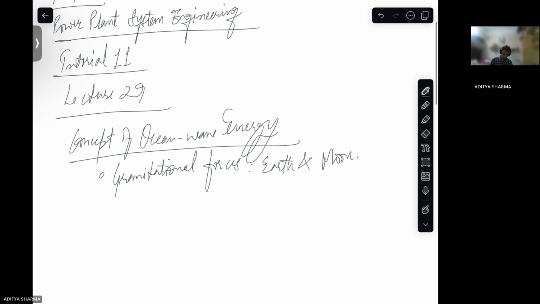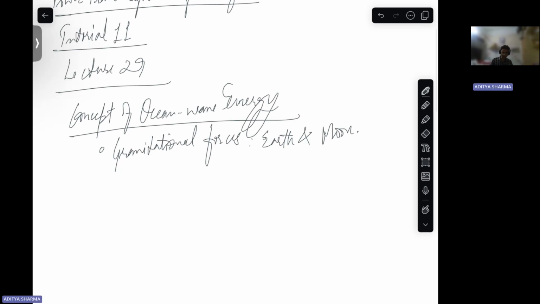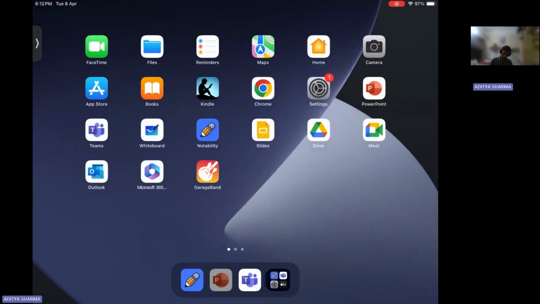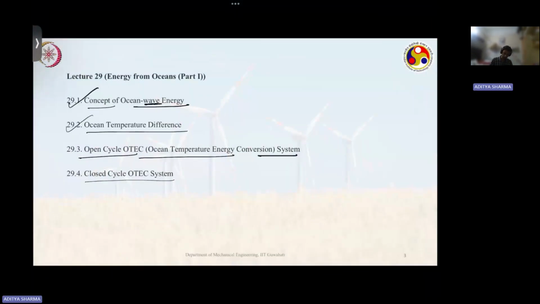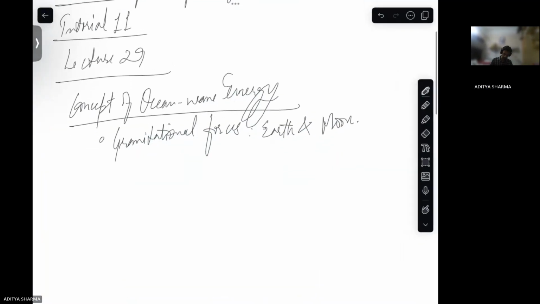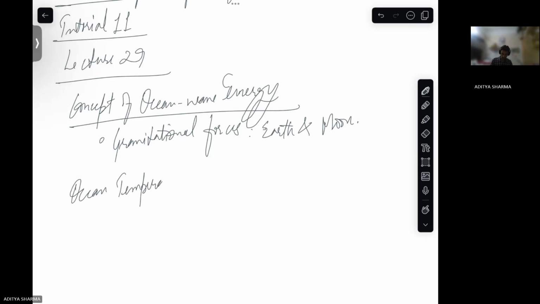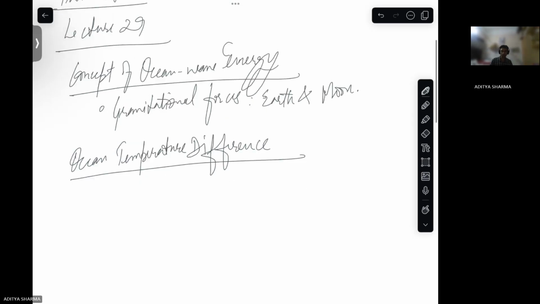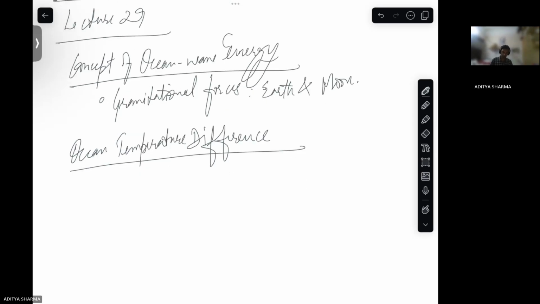Then the next topic here is ocean temperature difference. I have briefly discussed how the differences in temperature develop.